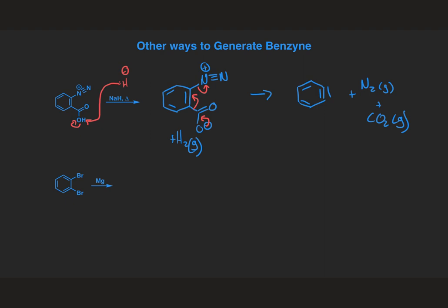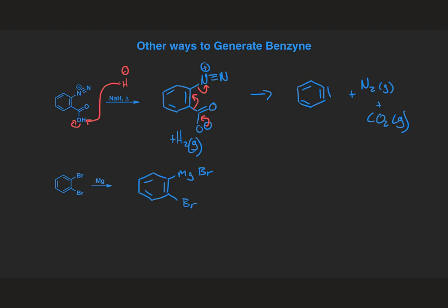Another method of generating benzyne is to treat an ortho-dibromobenzene with magnesium. So in the first step of this reaction, magnesium inserts itself in between one of the bromines and the benzene ring.